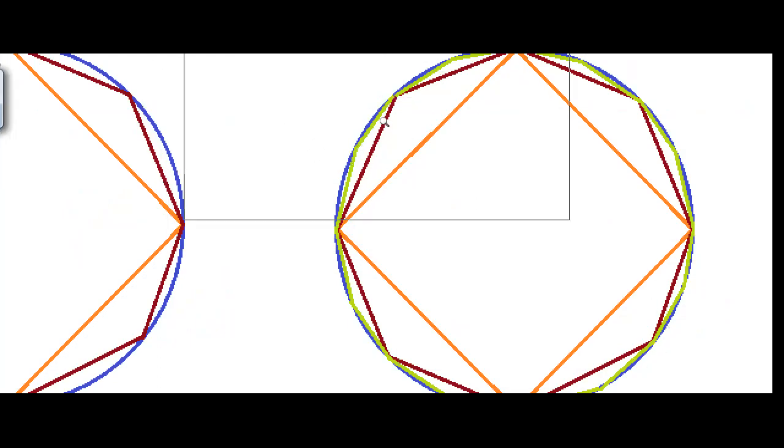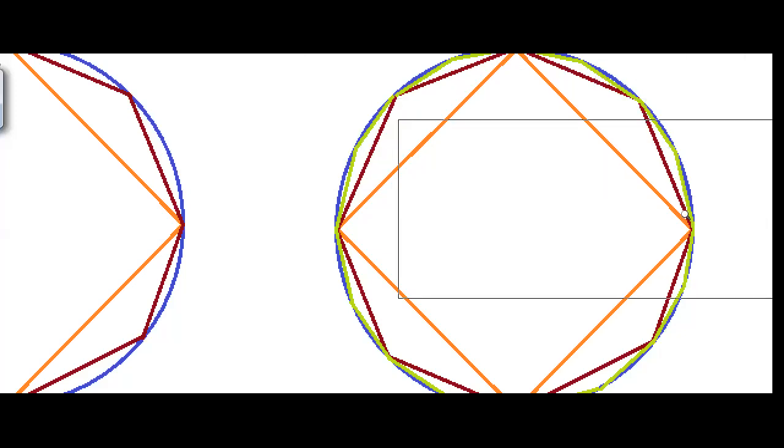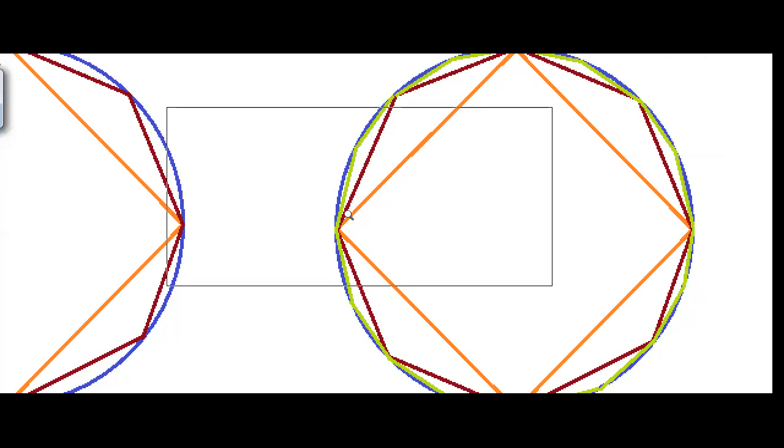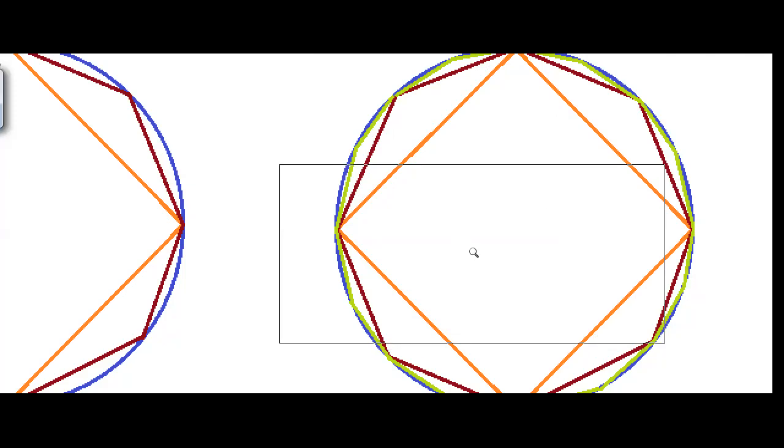This is clear that the perimeter of this 16-sided polygon is more than the perimeter of the 8-sided polygon, but still the perimeter of this 16-sided polygon is less than the circumference of the circle. Okay.